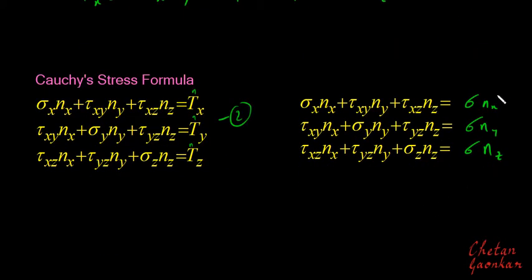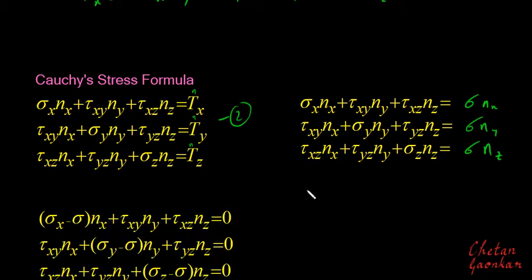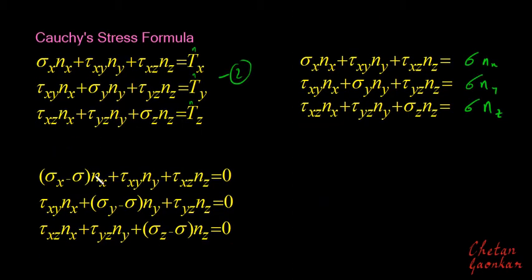Now if I readjust these terms and take this term on the left hand side, I should get sigma x minus sigma, times nx, because this is a direction cosine which is common for both sigma x as well as sigma. Similarly, in the second equation, I'll get sigma y minus sigma, and sigma z minus sigma. Let me write this as equation number 3.